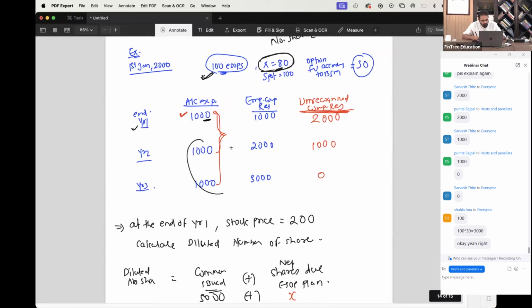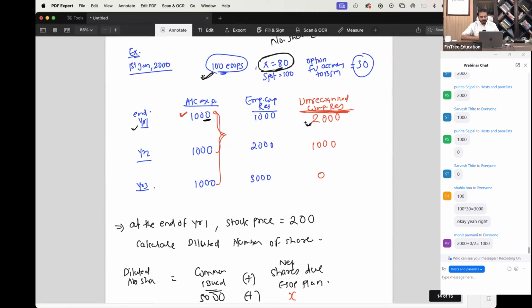That means in the future, I don't have to show those expenses. So whatever is the unrecognized comp reserve today, which I was going to show as an expense in the future, I can use that money also to buy back. Yes, but we have to take an average. I can't use this 2,000 as it is. So I need to know what was the opening balance? This is the closing balance of this year. Opening balance was 0.